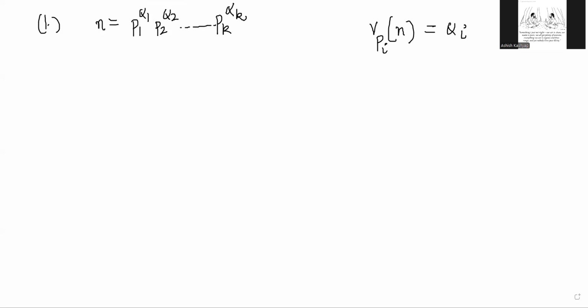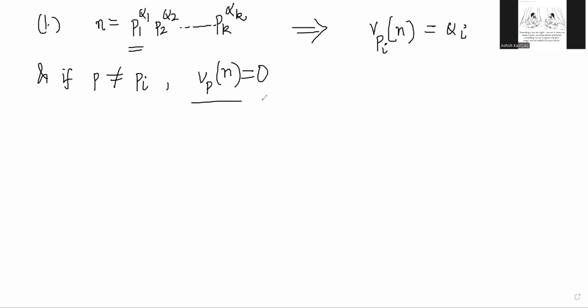Basically, for each prime number, its p-adic valuation is the exponent that appears in the factorization, right? And if p is not equal to any pi, then v_p(n) is 0, if p is not one of these prime numbers.